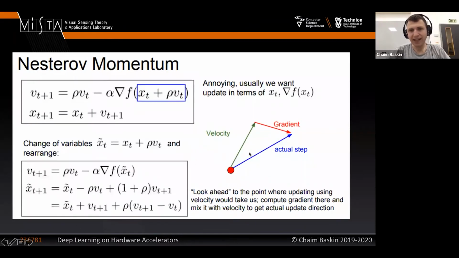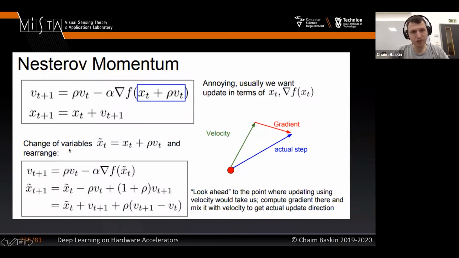So again, this direction of our function, x plus pvt, is actually our actual step. We take the derivative of our function in this direction, and vt plus 1 will help us go this direction.